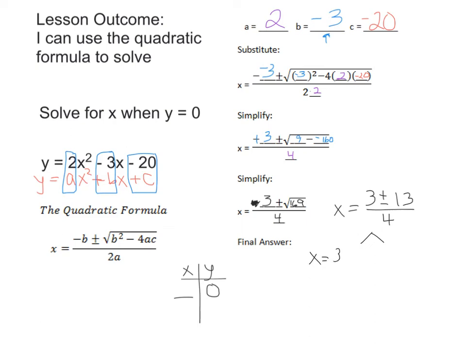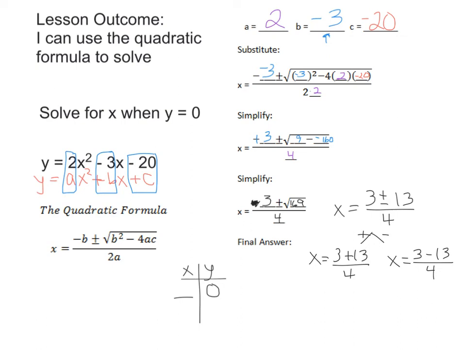X equals 3 plus 13 divided by 4, and x equals 3 minus 13 divided by 4. So the plus went this way and the minus went that way, right? The plus or minus. Plus, add them here, minus, subtract them there.